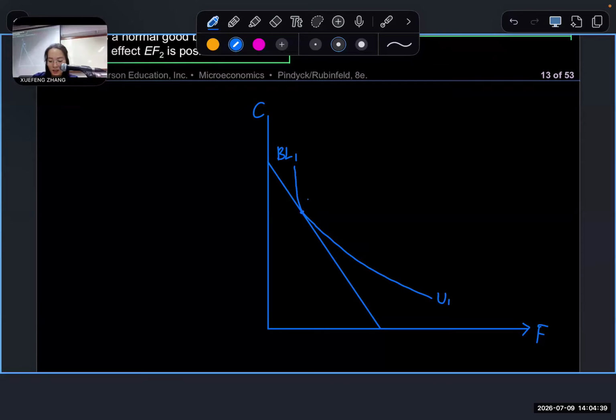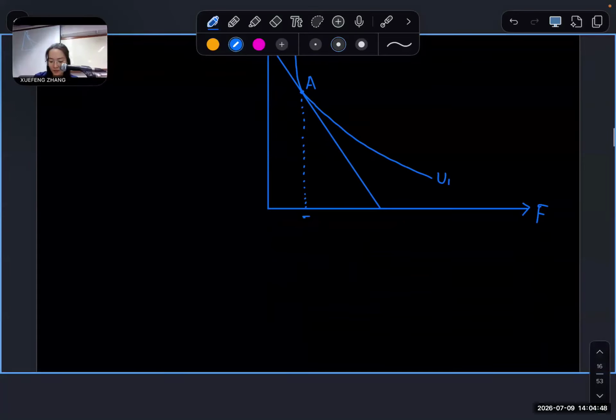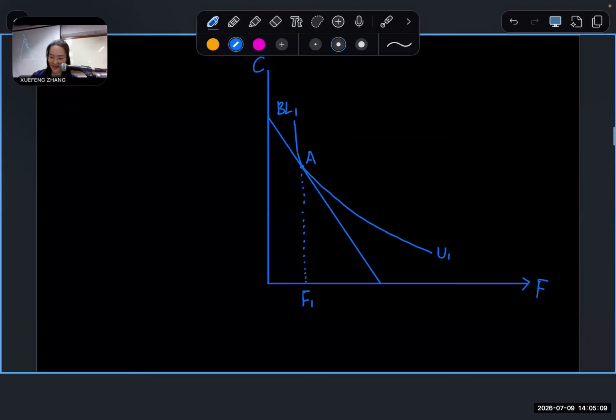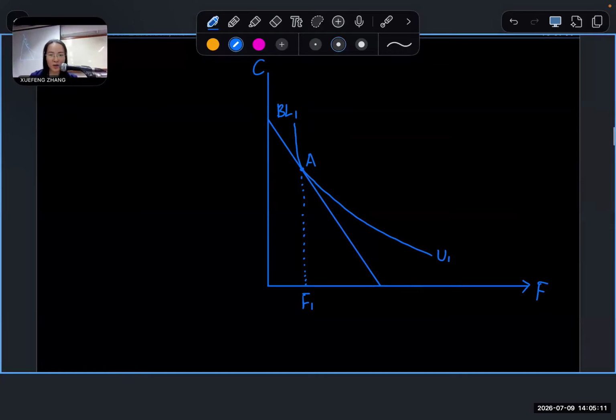Here is point A. At point A, we consume how many units of food? F1, right? So basically, I just follow the example, so when you review the teaching slide, you will not get confused. But are you still awake about this example? Okay, initial point, which is A.